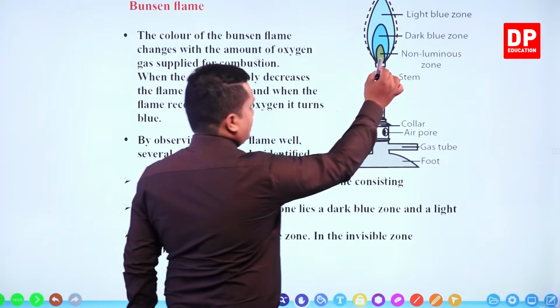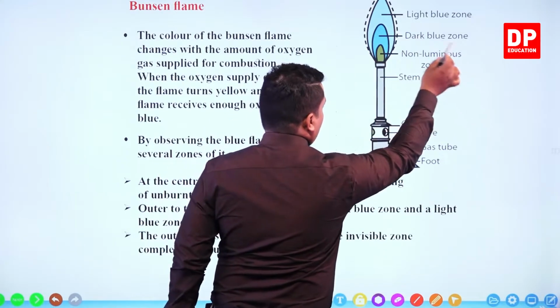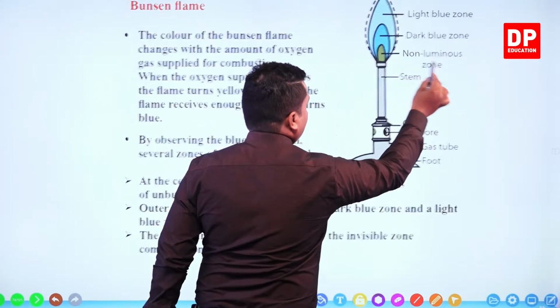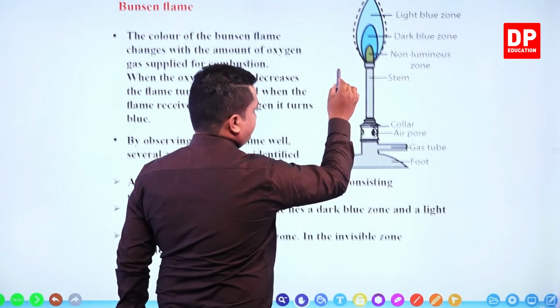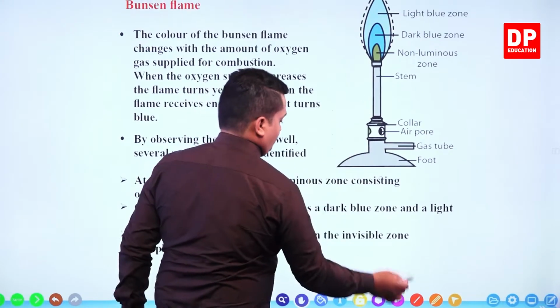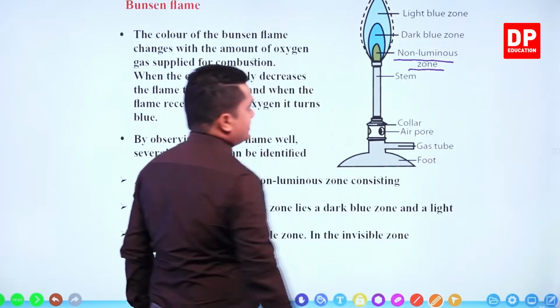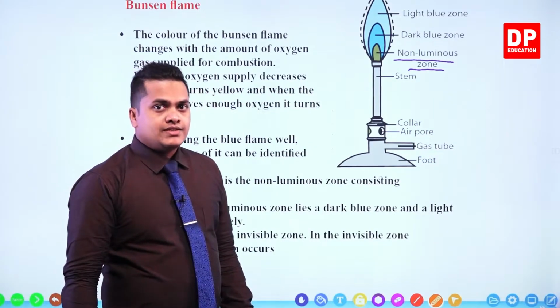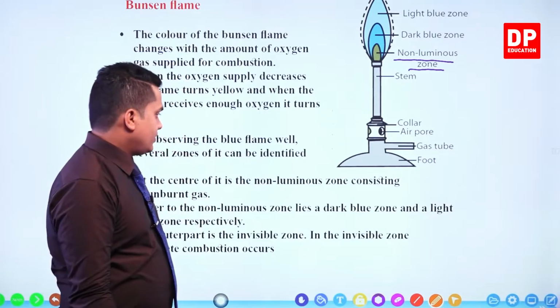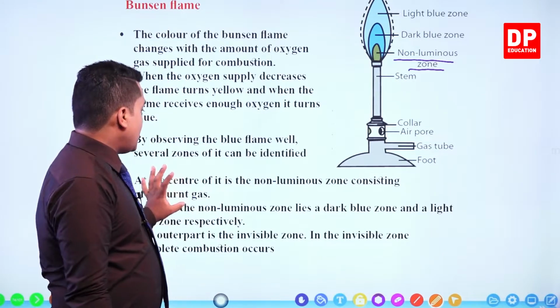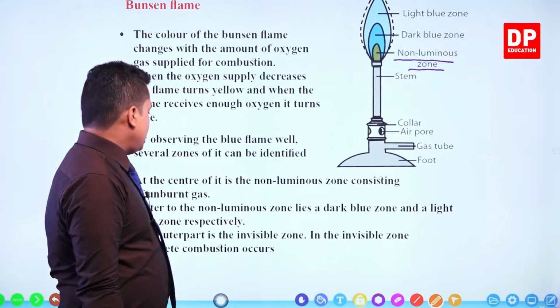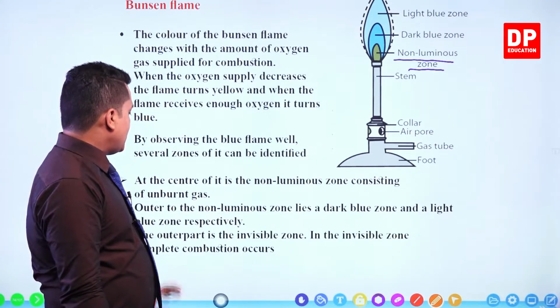So at the center here, you can observe the non-luminous zone, right? It contains unburned gas. Okay, so the non-luminous zone consists of unburned gas.